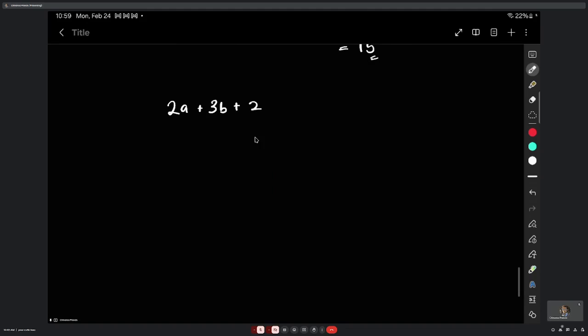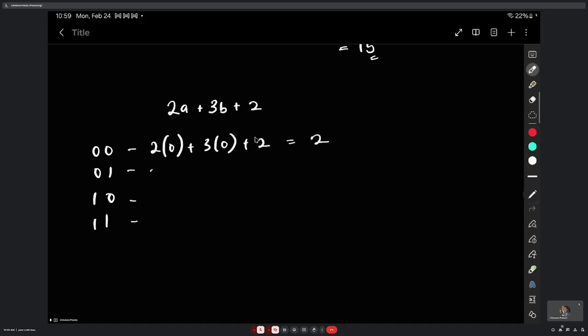Okay, so these are two variables. In evaluation form, what is it going to be? It's okay, so this is 0 0, 0 1, 1 0, 1 1, right? So that's 2. Okay, let me just outline it.